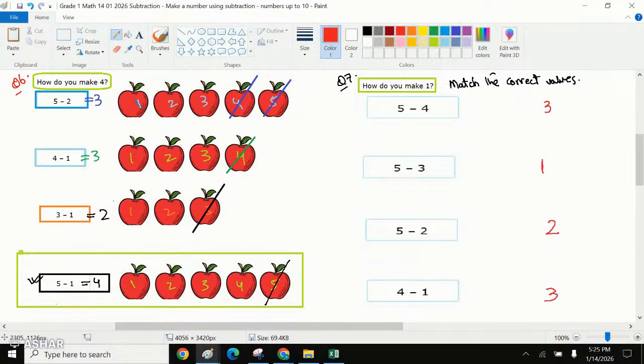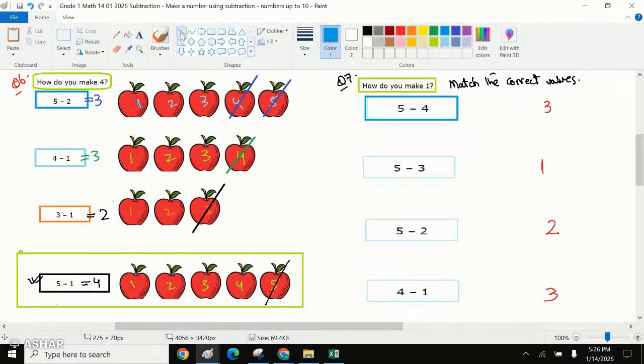So if these 4 options were given to us, can we say 5 minus 4 would always be equal to 1, right?